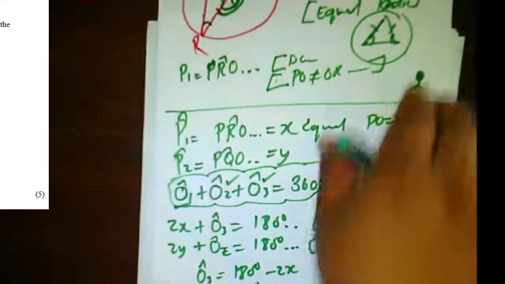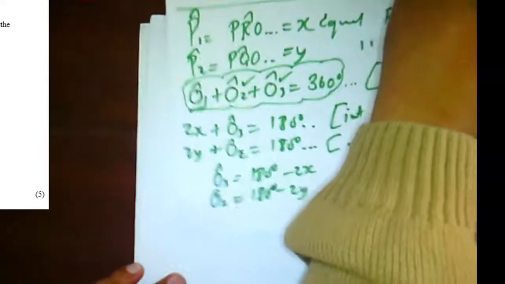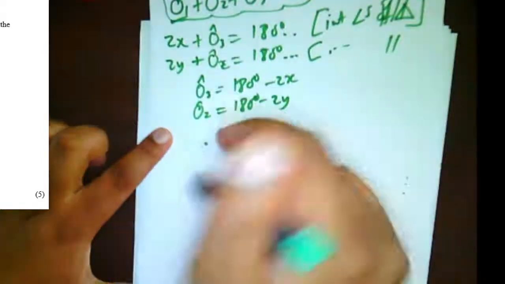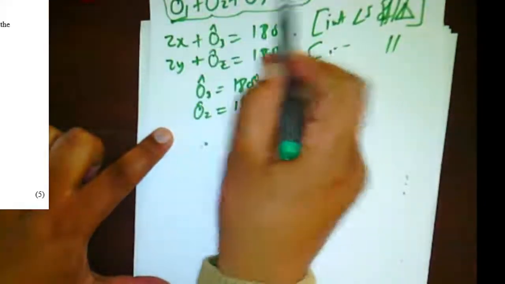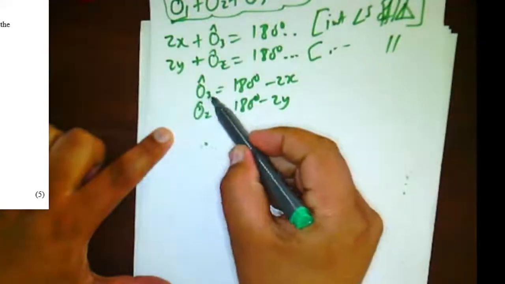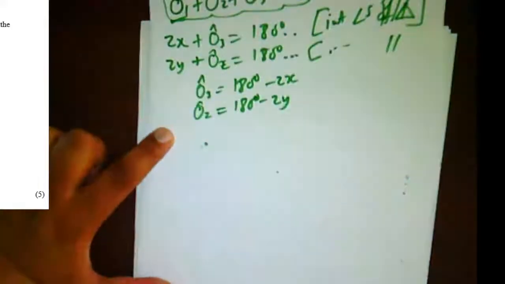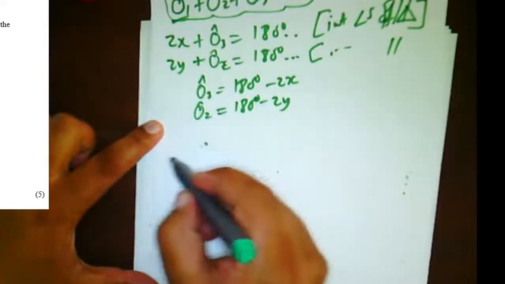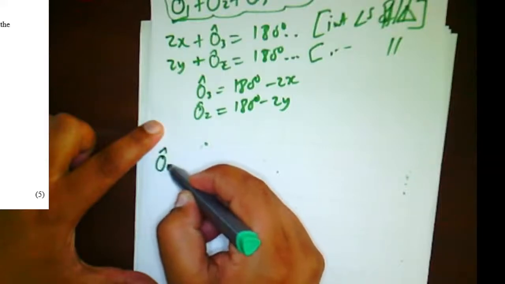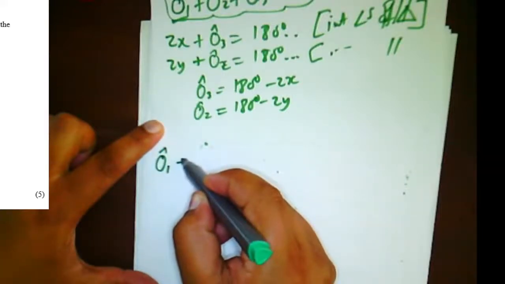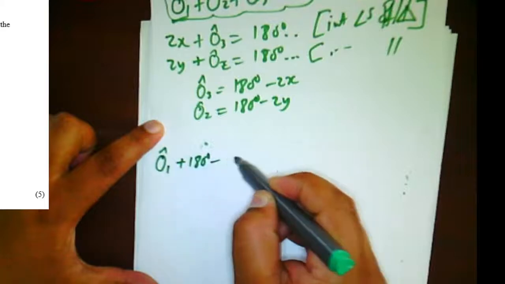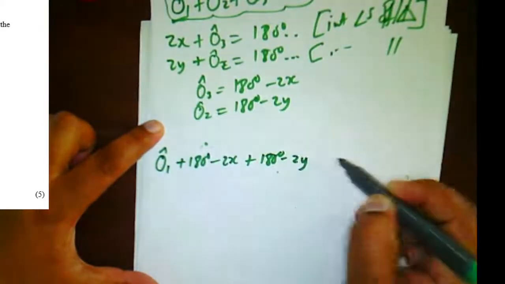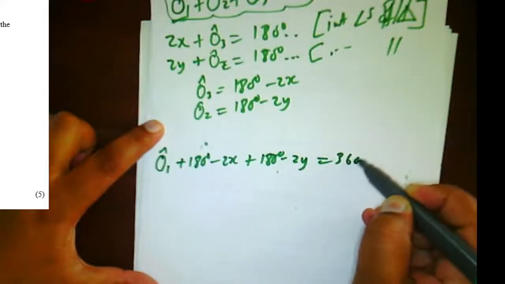So now that I have that part there, I'm going to substitute this into that equation. Because I know what O3 is, I also know what O2 is. So now I'm going to say angle O1 plus 180 degrees minus 2x plus 180 degrees minus 2y is equal to 360 degrees.